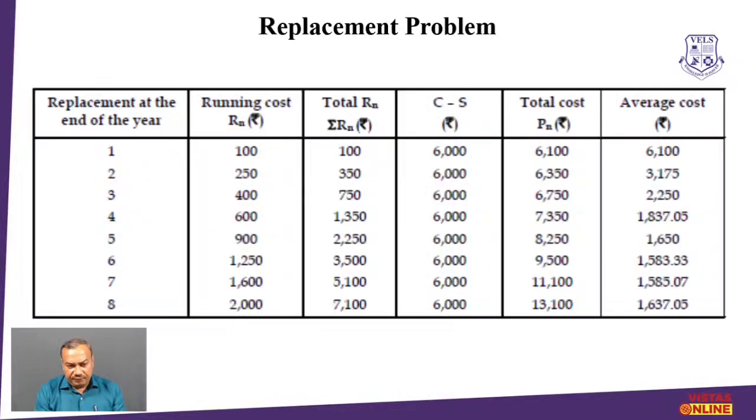For the first year 100; for the second year, first year 100 plus second year 250, the first two values total 350; up to 3 years, the first three values total 750; up to 4 years, total 1350; up to 5 years, total running cost 2250; up to the 6th year 3500; up to the 7th year 5100; and up to the 8th year 7100.